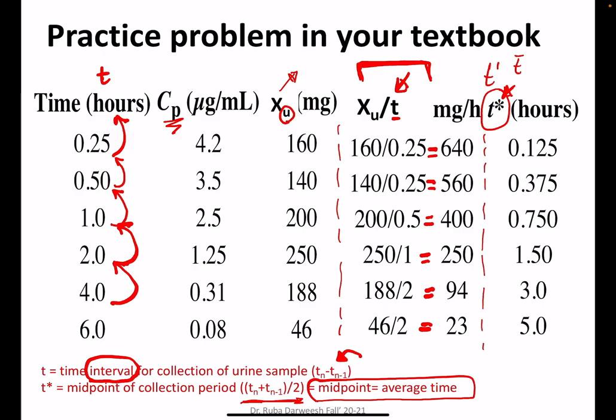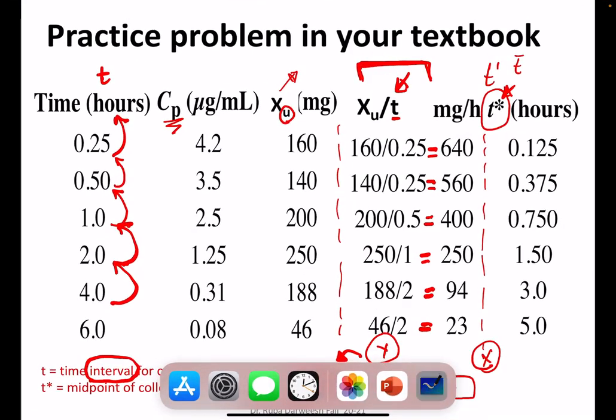We call it sometimes the mid time point or the average time point. So we correct in this way: we are correcting the time itself on the x-axis, and we are correcting the excretion rate on the y-axis to make it more accurate.